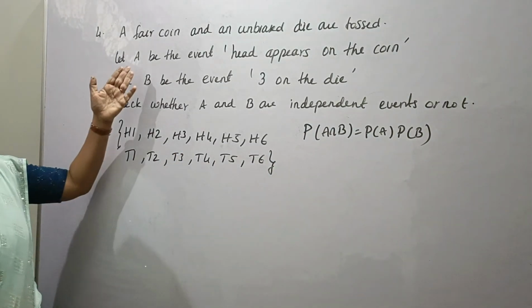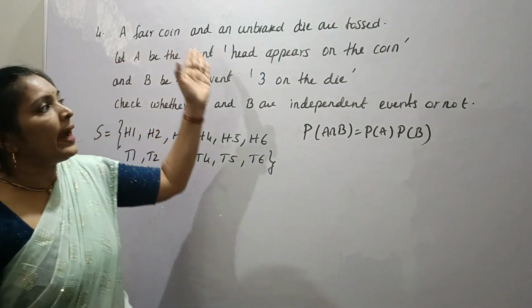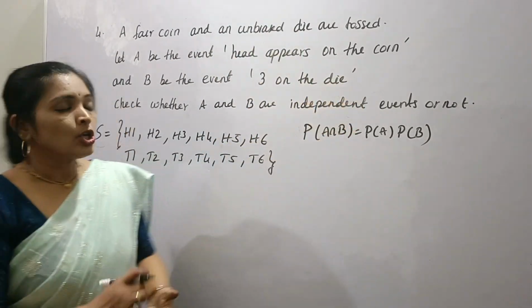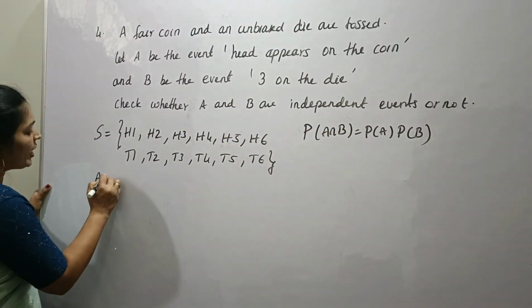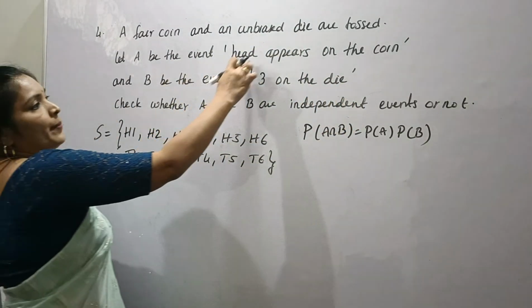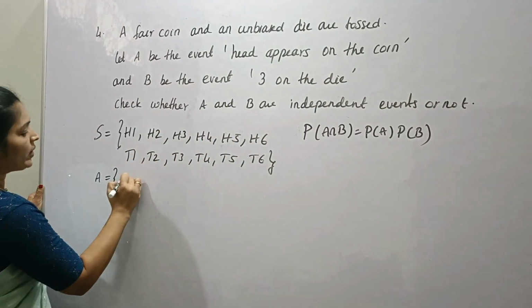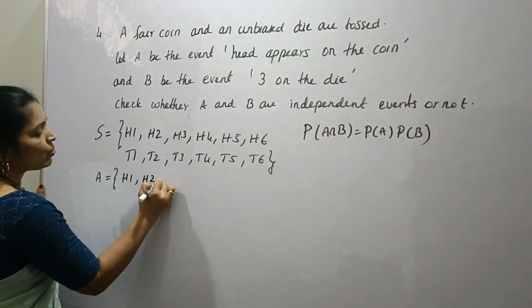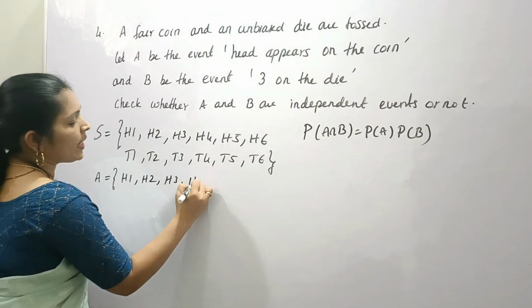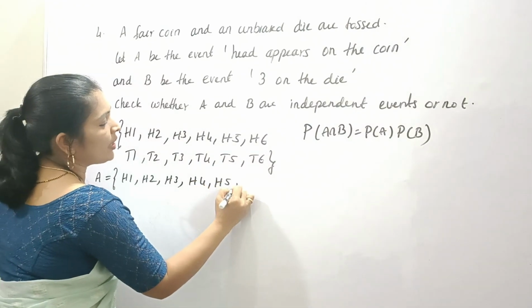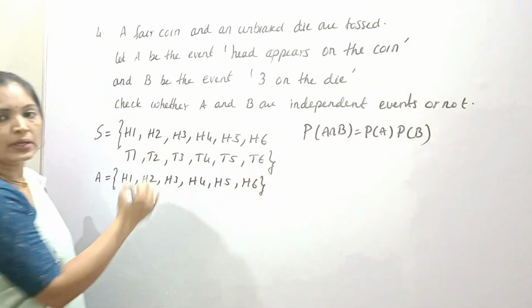Now here, given that A is the event head appears on the coin, what are the possible outcomes of A? Head appears on the coin, that is H1, H2, H3, H4, H5, H6.